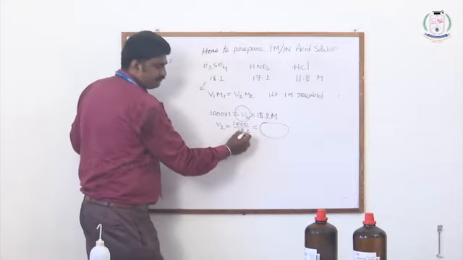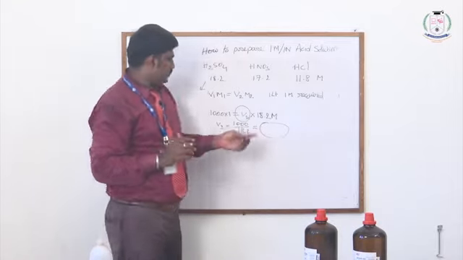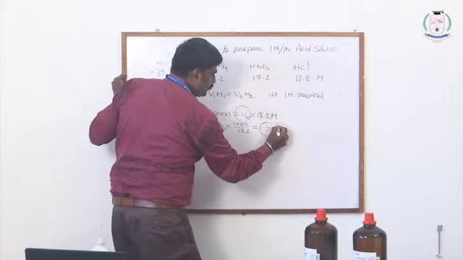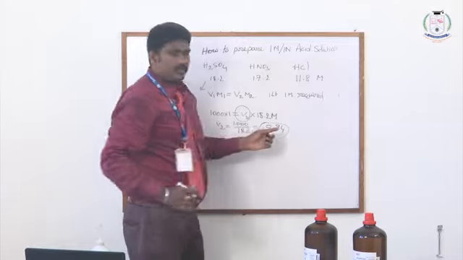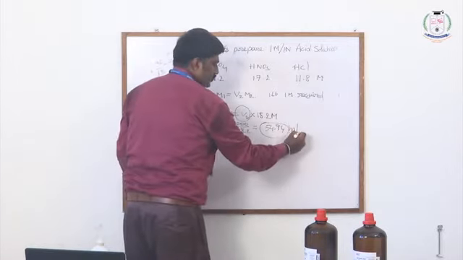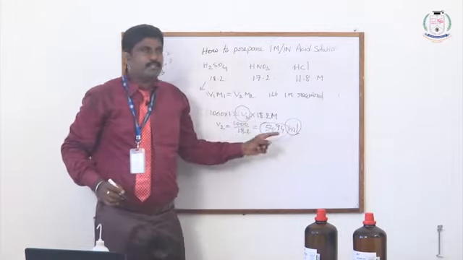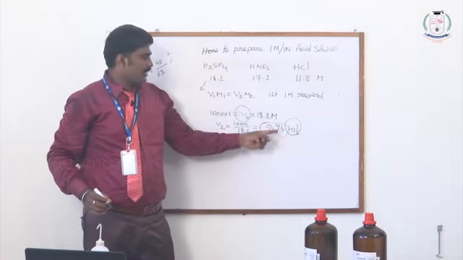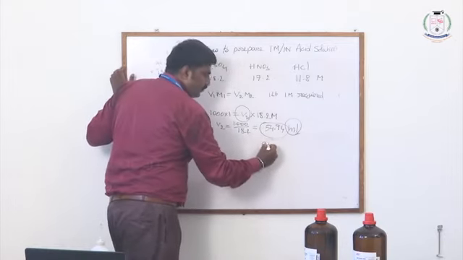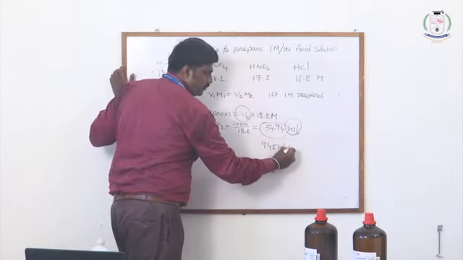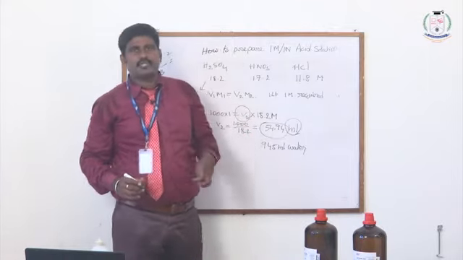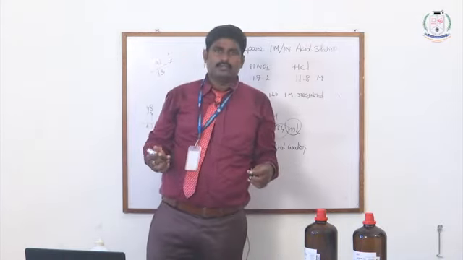It is 54.94, so we have to take 55 ml of sulfuric acid plus the remaining 945 ml of water. This will give us the 1 molar sulfuric acid solution.